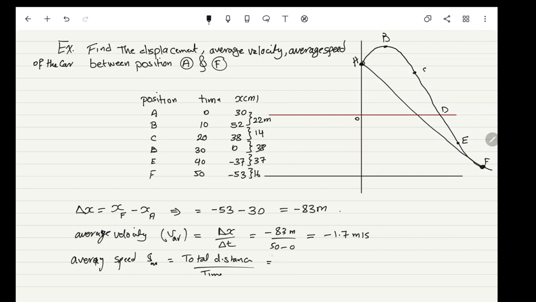So the total distance is 22 + 14 + 38 + 37 + 16, divided by time. The time between A and B is 10, B and C 10, and so on until F is 10. So the time is actually equal to 50, which equal to 127 divided by 50, and simply it's equal to 2.5 meters per second.